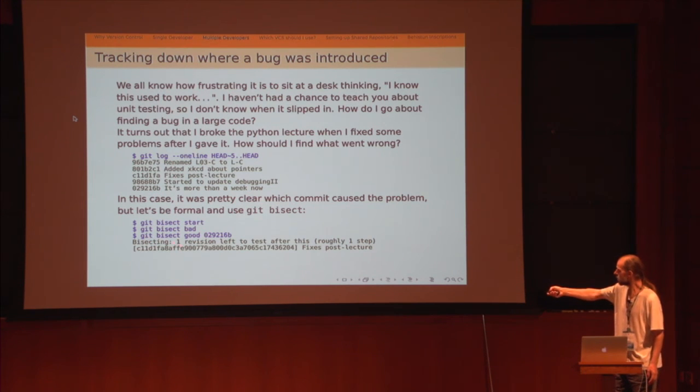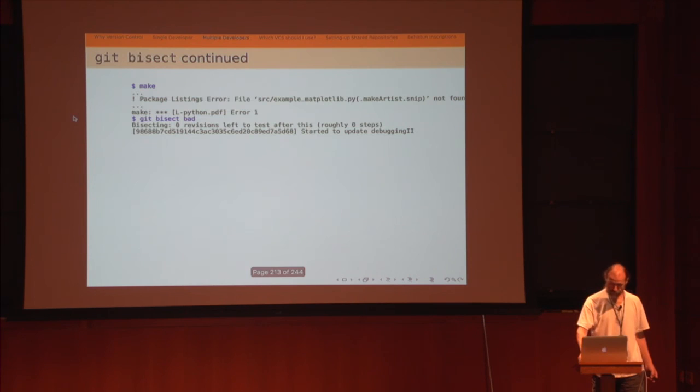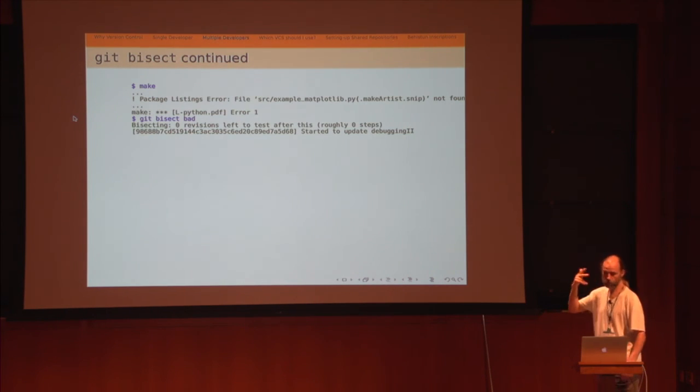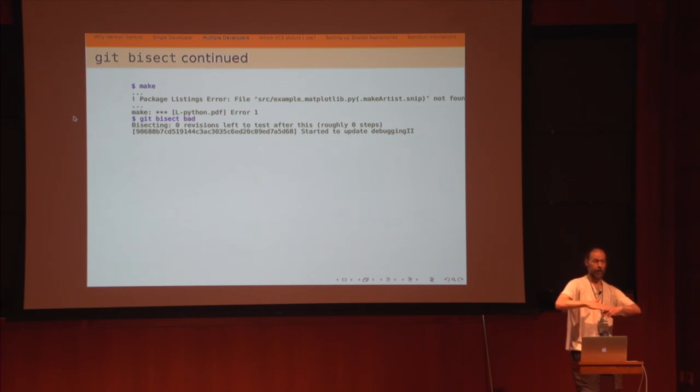And then git bisect says, I'm going to give you something between here and here. Try it. So it gives me a version. I run make, and it fails. And I can say, that one was bad. So now I've trimmed down. I used to have this many commits. And by binary search, I can say, was the problem introduced here? Was the problem introduced here?